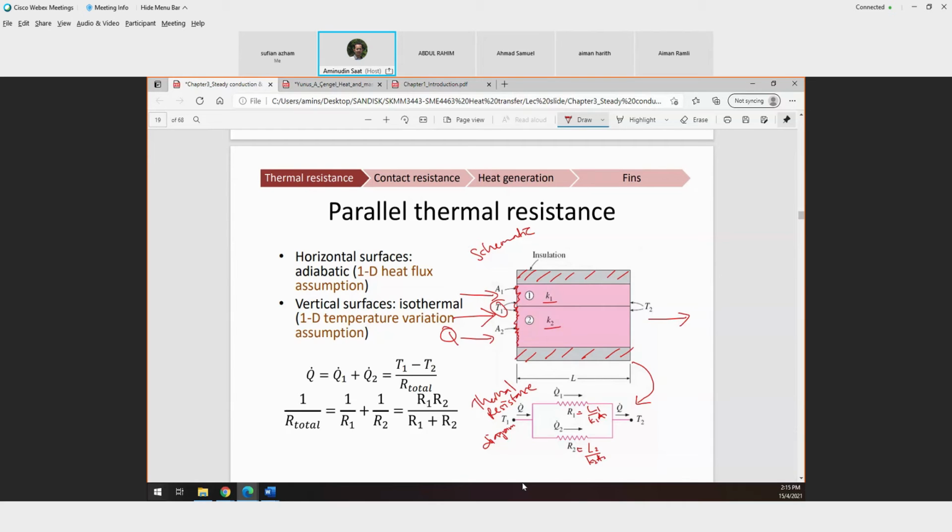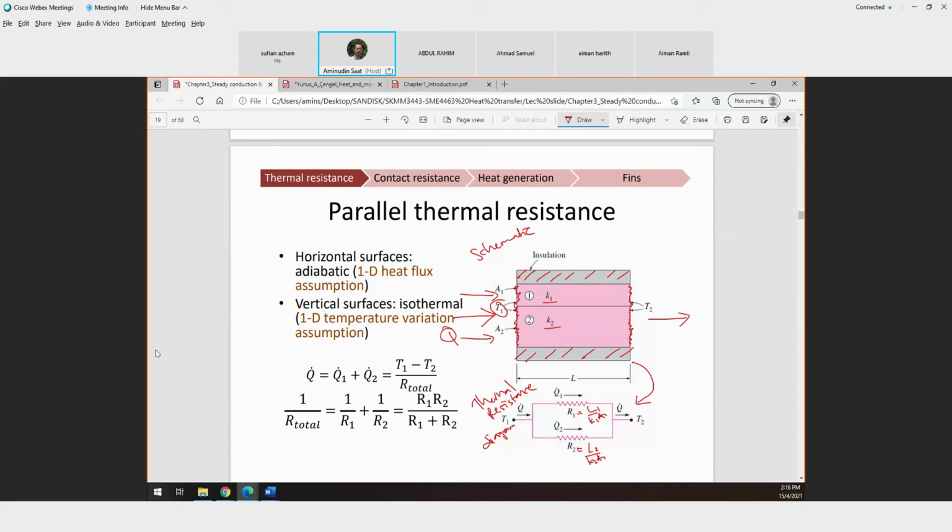The other surface temperature, T2, is on the right side. In this condition, you need to assume that the surface temperature from the top side to the downside is constant or similar. Same goes for T2.